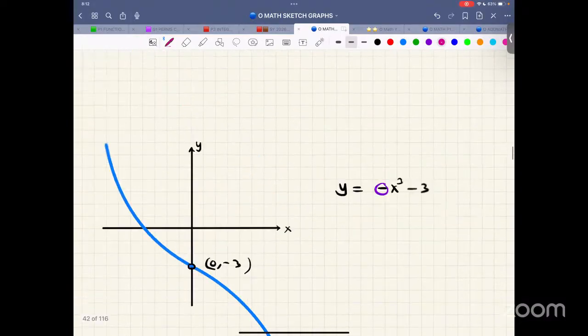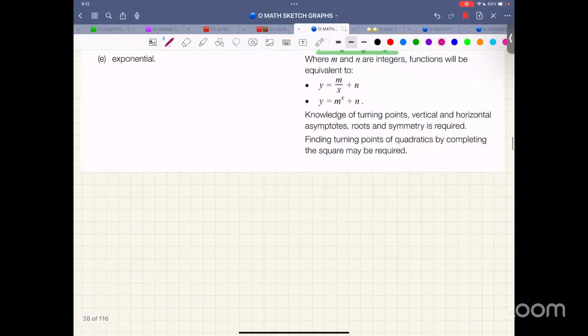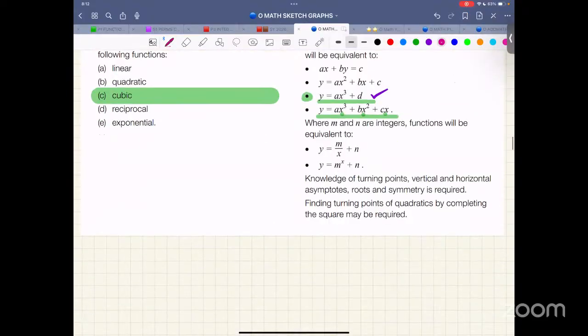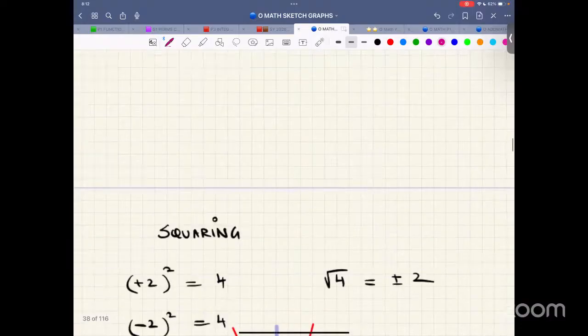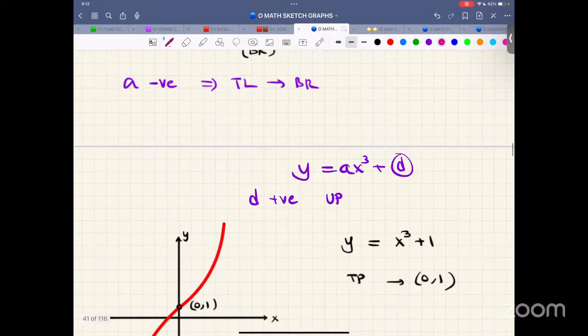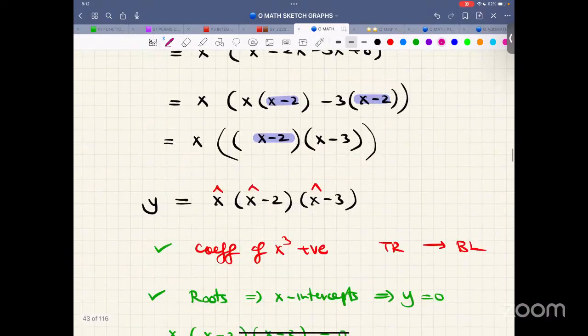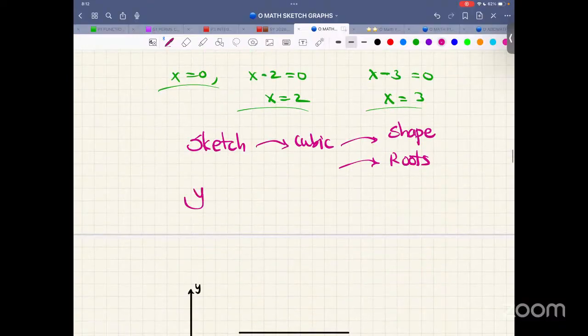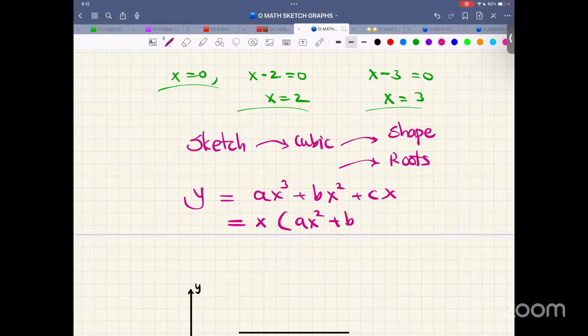And this is part of the syllabus that is right over here, which is this: ax cubed plus bx squared plus cx, there is no constant. That you study in A levels. So this is of the form y equals ax cubed plus bx squared plus cx, which is basically x(ax squared plus bx plus c).